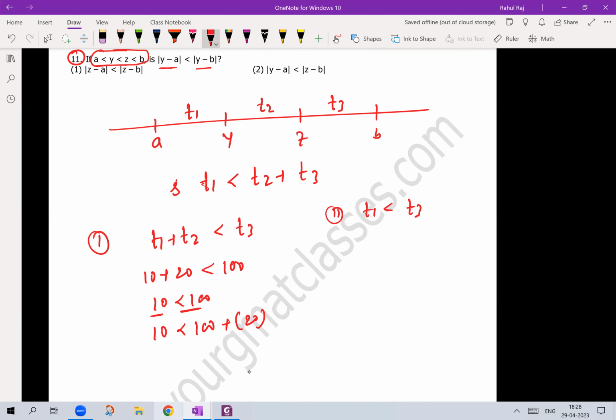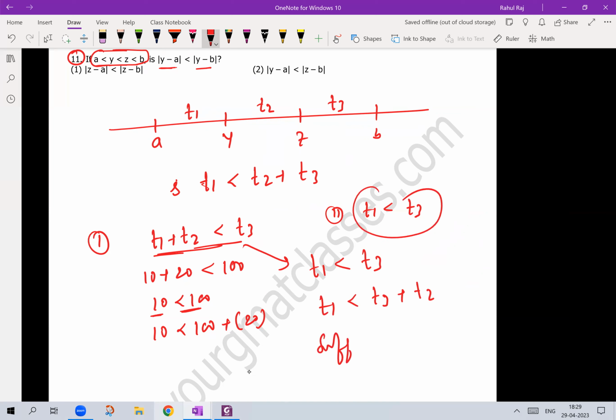So here, T1 plus T2 is less than T3. Can I straight away say T1 will surely be less than T3? If T1 alone is less than T3, T1 will surely be less than T3 plus some other number, let's say that is T2. So option number 1 is sufficient. Option number 2 is nothing but saying T1 is less than T3. So this is also D.